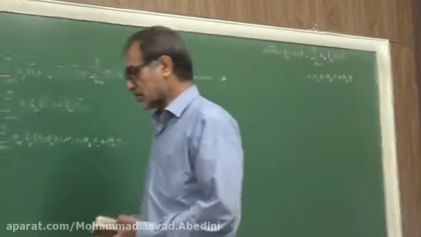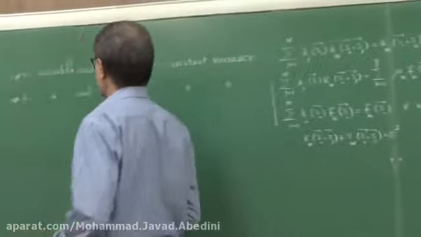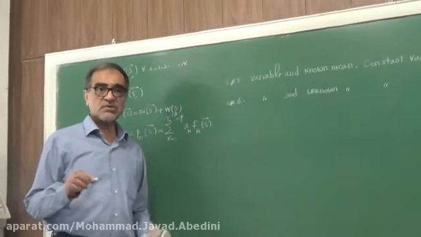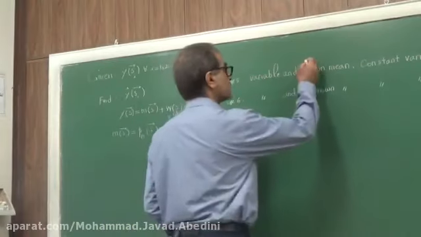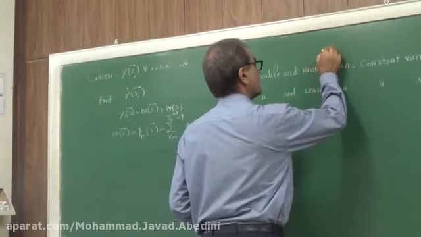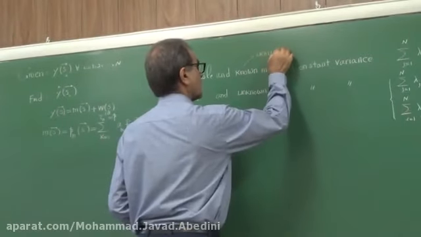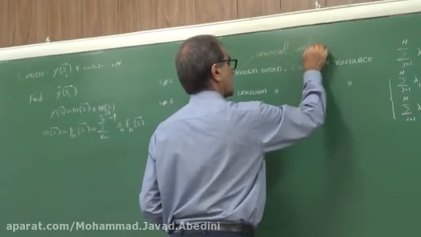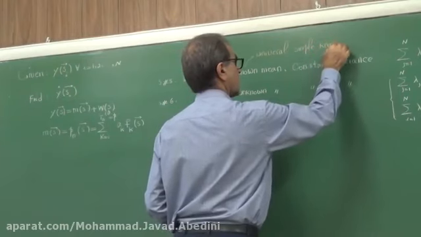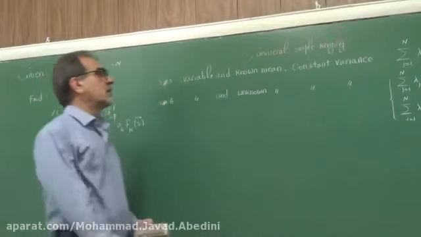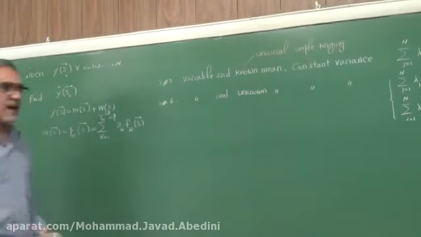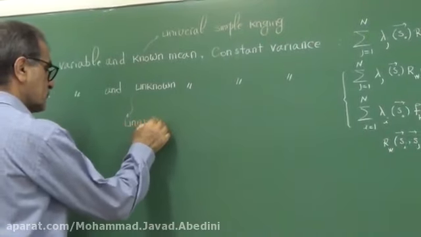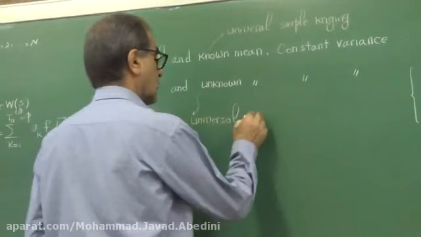By the way, I remember I denoted the first scenario 5 by simple universal Kriging, or universal simple Kriging, and we denoted scenario 6 by universal ordinary Kriging.